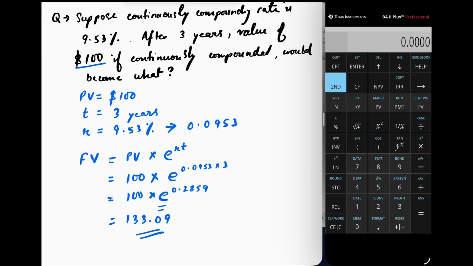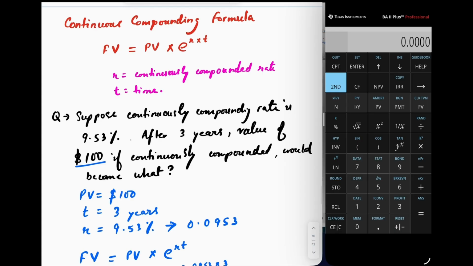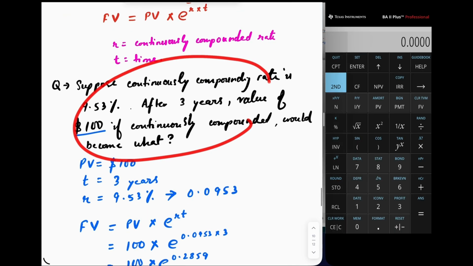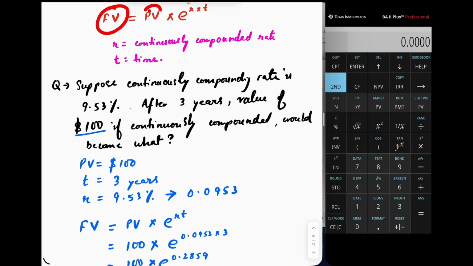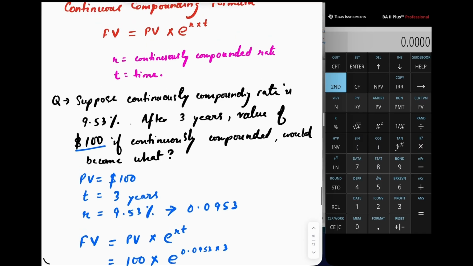I'm trying to explain it the best possible way I can, so that there is no confusion. In this particular scenario, your present value was given, your continuous rate of compounding r was given, your time was given, and you needed to calculate the future value, right? But suppose I ask you: your future value is given, your present value is given, your time is given.